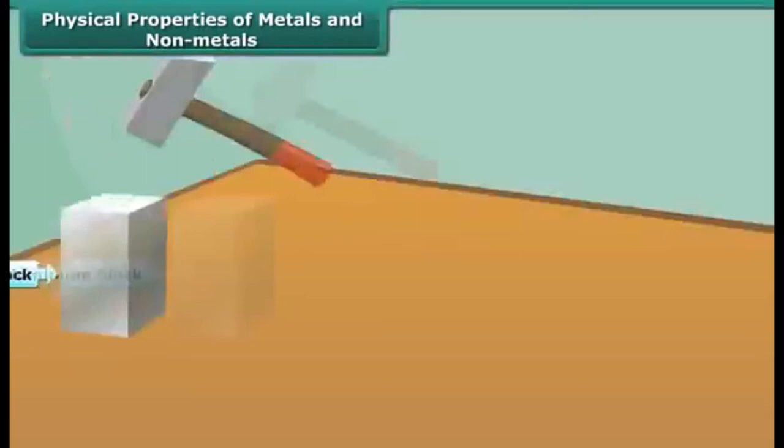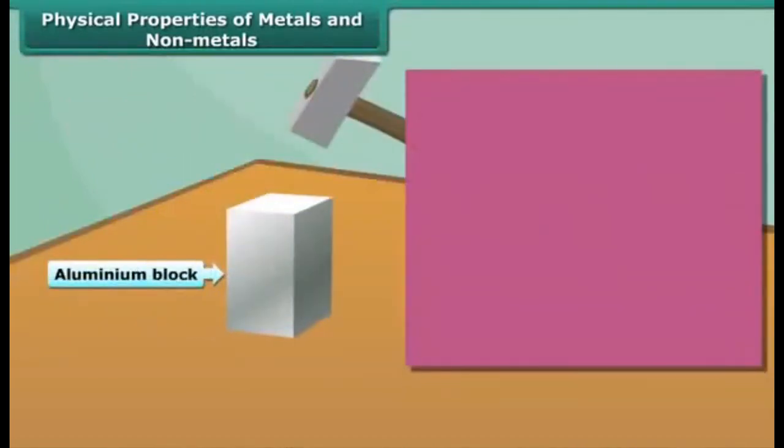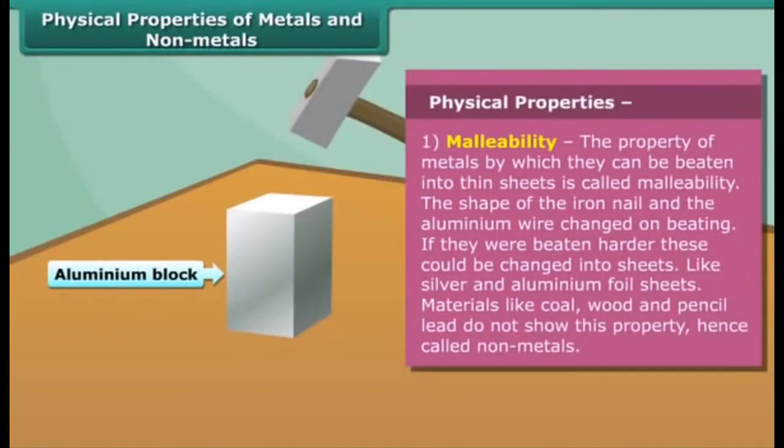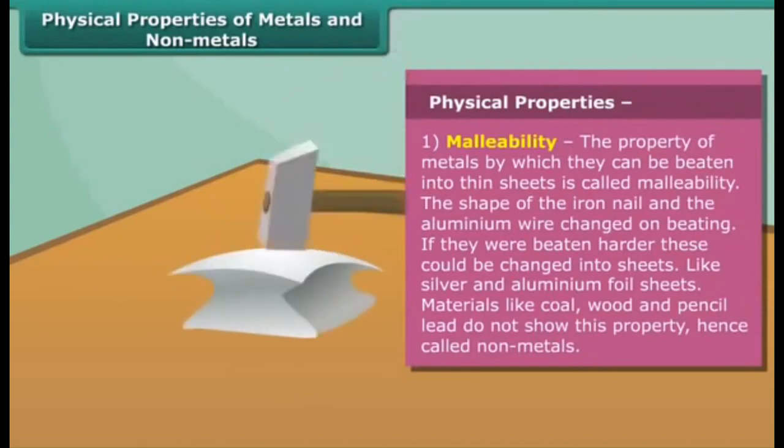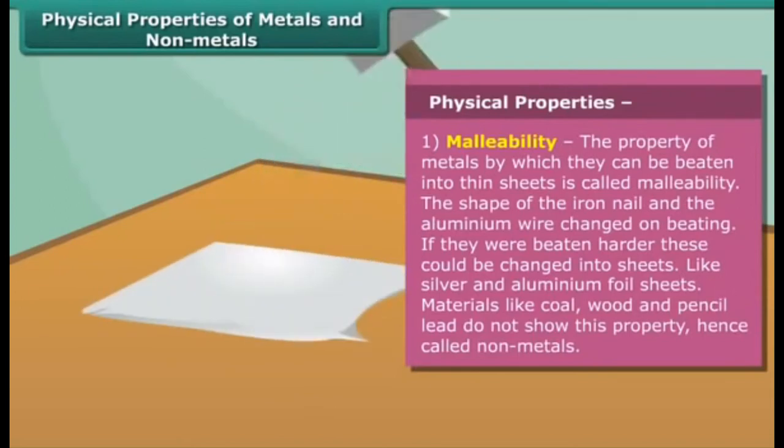Now, if I have an aluminium block with me and I try to beat it with the help of a hammer, this aluminium block will turn into a plain flat surface. So the property of metals by which they can be beaten into thin sheets is called malleability.